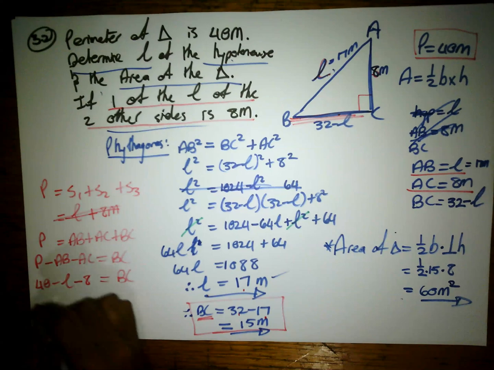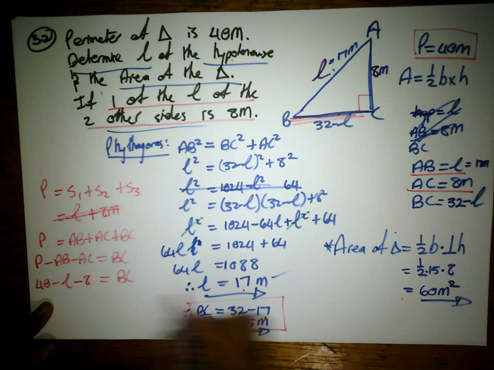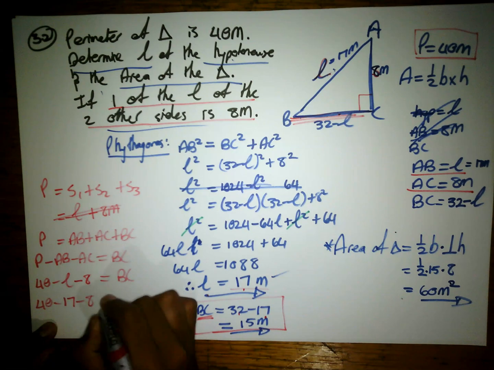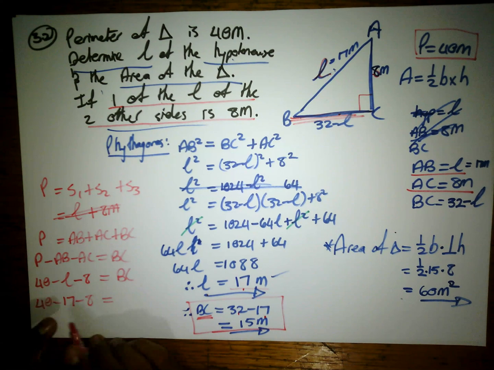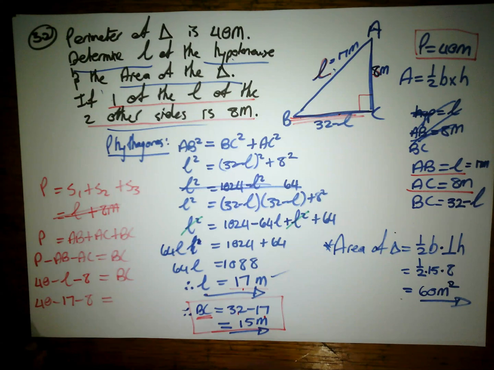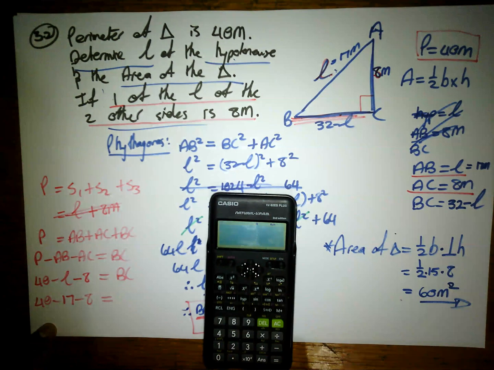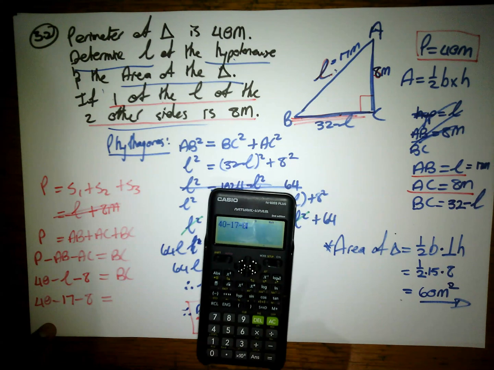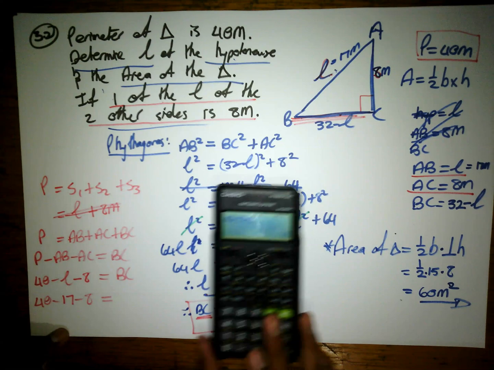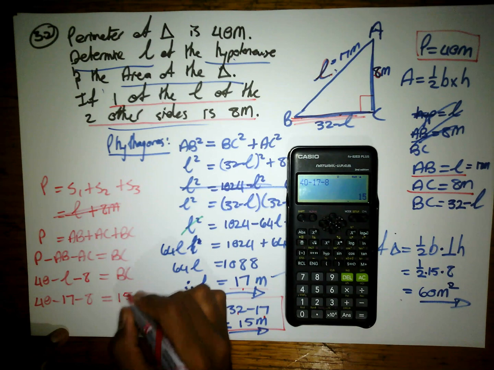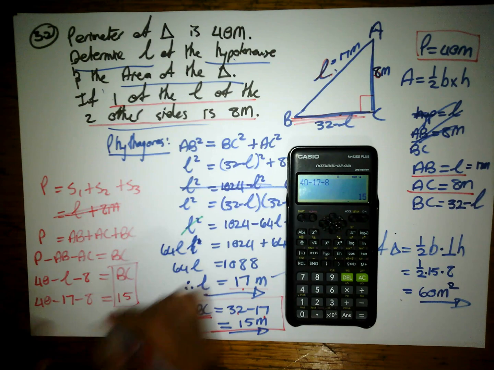So 40 minus L, which is our 17, minus 8. So 40 minus 17 minus 8 must give us our 15, right? So let's do it in a calculator. 40 minus 17 minus 8 equals 15. BC is 15.